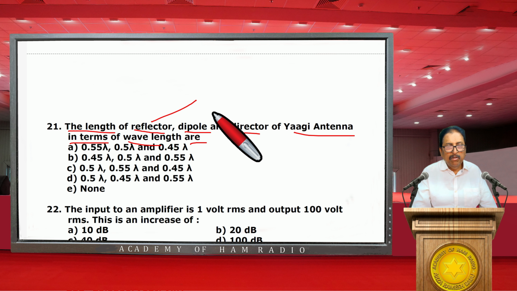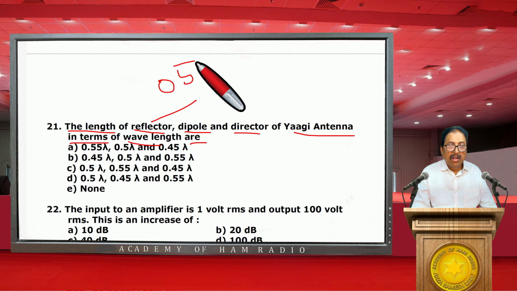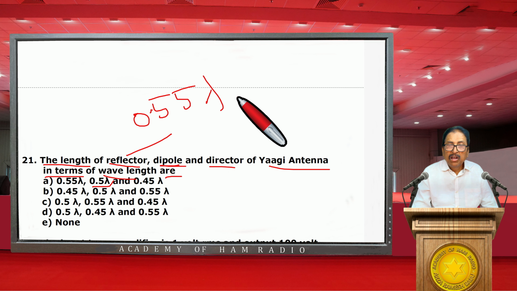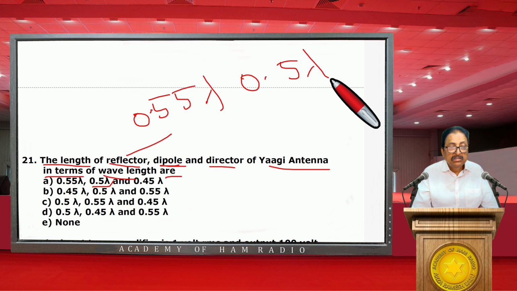The lengths of the reflector, dipole and director of a Yagi antenna in terms of wavelength: the reflector will be a very big element, 0.55 lambda. The dipole is medium size, in this case 0.5 lambda.